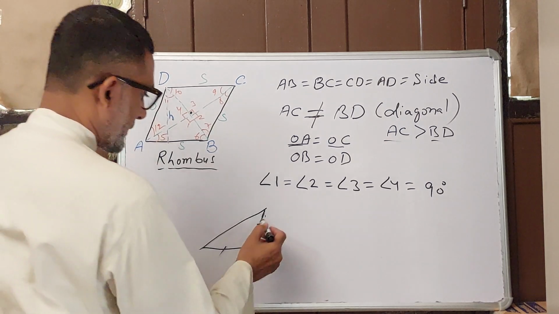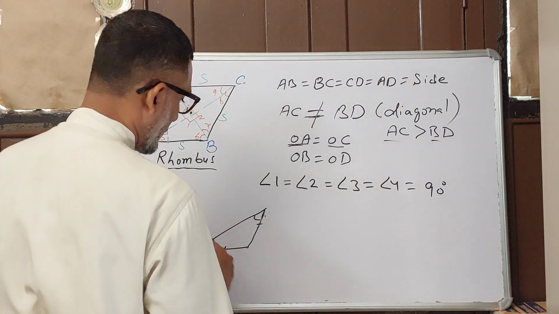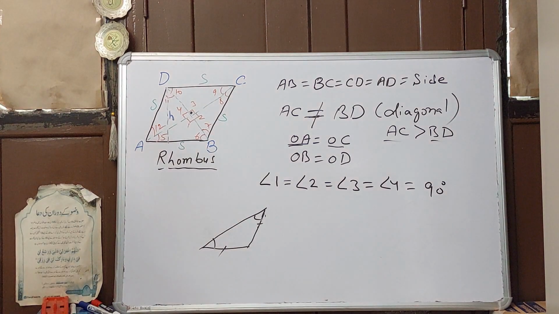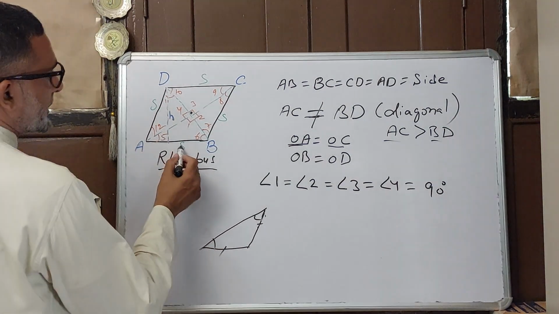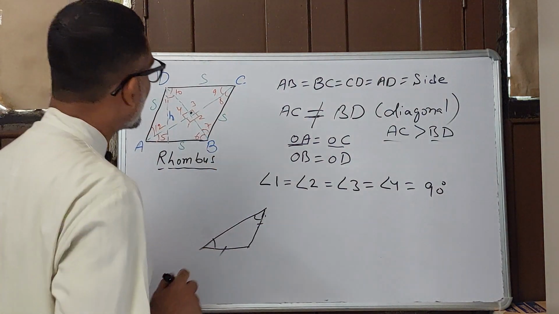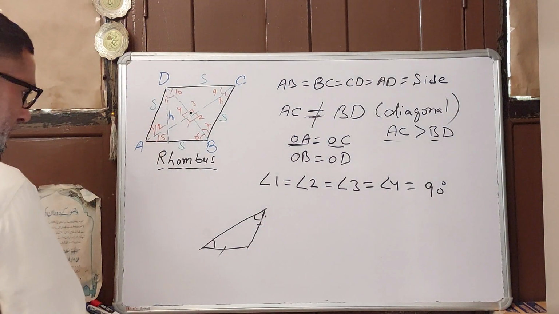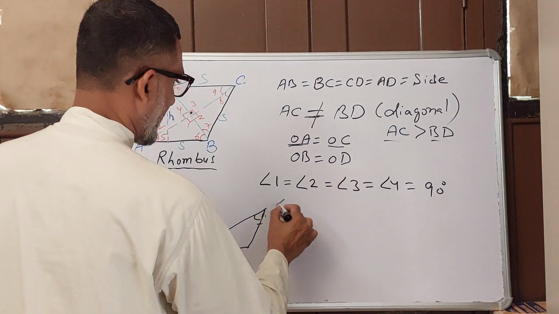In any isosceles triangle, when two sides are equal, this means these angles are also equal. So we see here clearly these sides are equal. This means angle 8 is equal to angle 5.